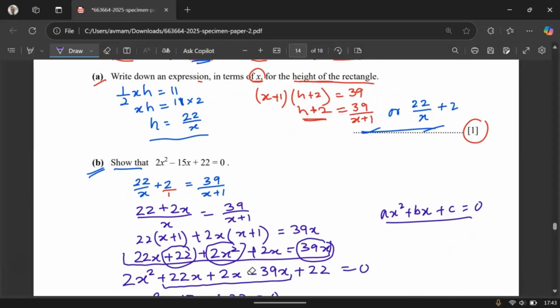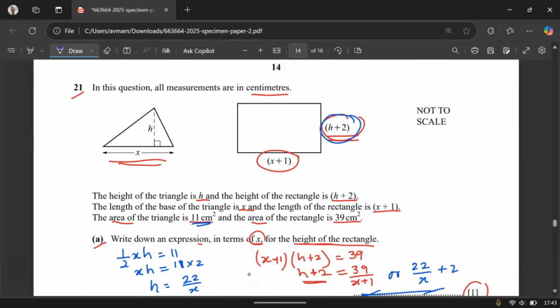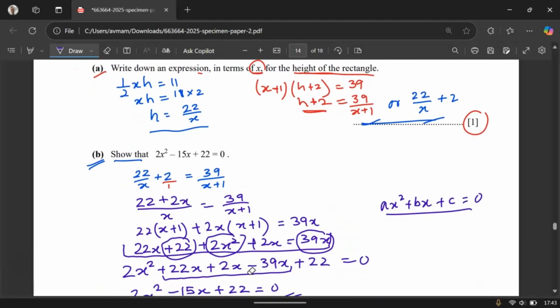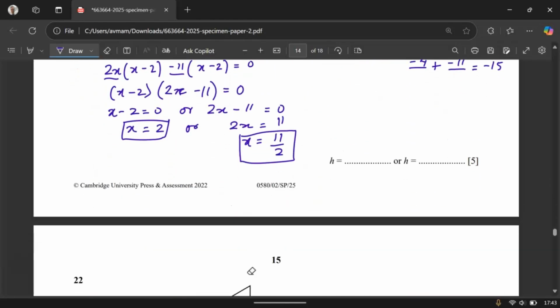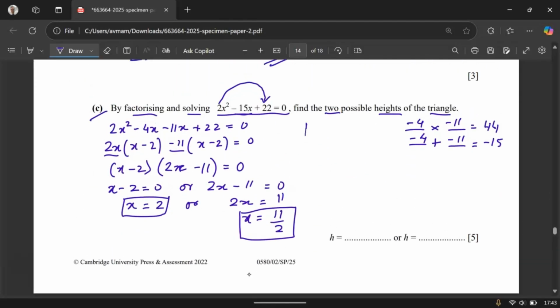Let's go back to the question. This is what we need to find. x is the base, and we have already found the base of the triangle. So let us use the formula for the area of a triangle. Area is given by half times base.